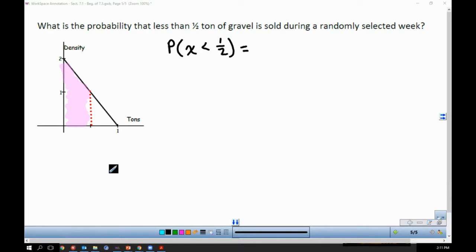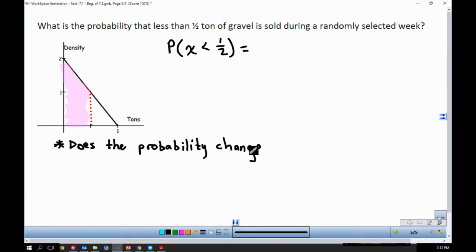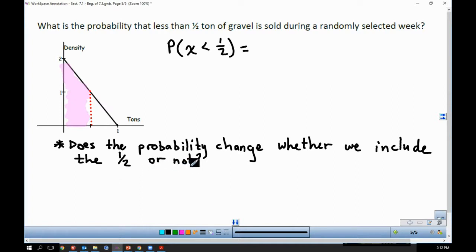What do we notice about this one? What do you think?